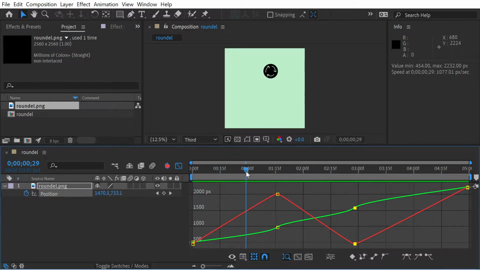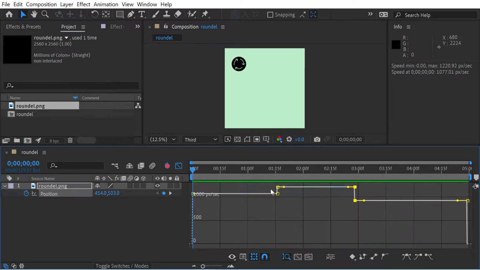You can see the X is increasing, then it goes down as it goes left, and it increases again as it goes right, so that makes sense. And then with the Y, because it's constantly going downwards, it's constantly going to be increasing.